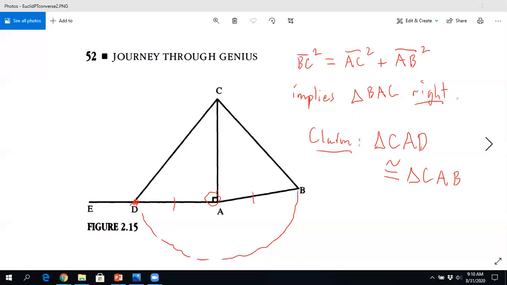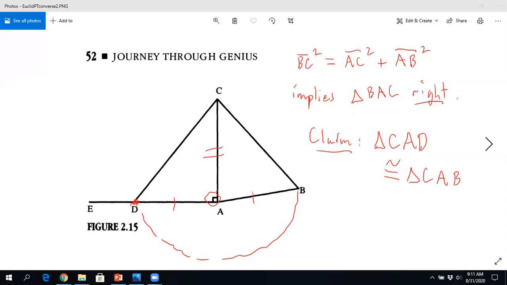Now, the first thing he gets is that AD is the same as AB. Clearly, AC is congruent to itself. And finally, what about the last side? Now look, I'm trying hard to not reference any angle measures. I'm trying to establish congruence through side, side, side, if possible.